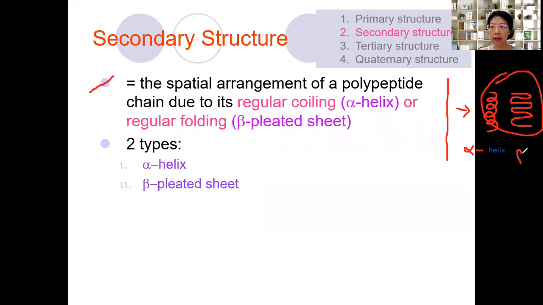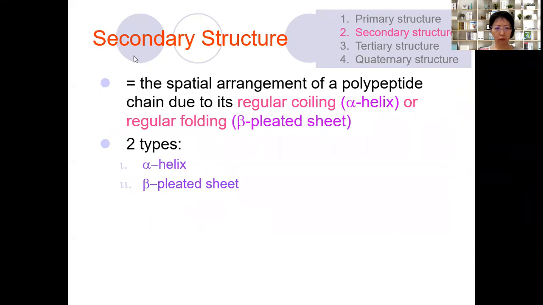So this is the beta dash pleated sheet. Pleated means folded. So these are the 2 forms of secondary structure, the two types, alpha helix and beta pleated sheet. Then let's look at the detail, how this structure is formed.